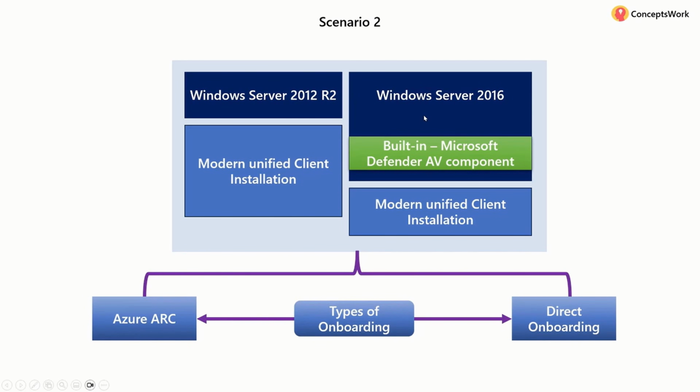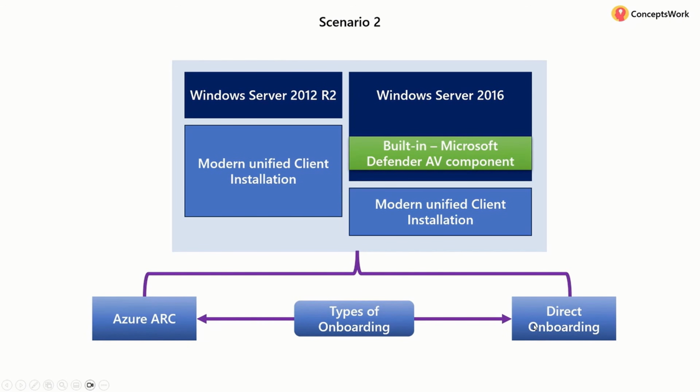Okay. Now, when it comes to Windows Server 2016, it has a built-in component of Defender AV, which means you can go ahead and install Defender AV as a component. However, when the modern unified client is installed, it installs the sensor component, which is responsible for the EDR capability, or let's say for onboarding.